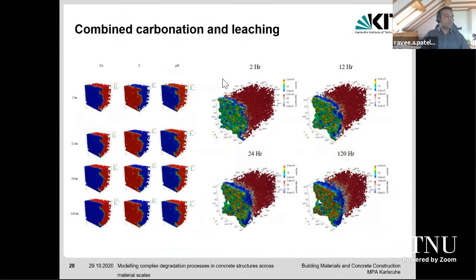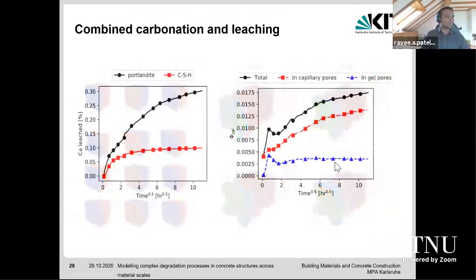So here is an example output from our simulation. This was the simulation where we did full geochemical coupling with the transport model. So you can get information on different ions. You can get information on pH, and you can also get the evolution of microstructure, like the precipitation zone which is developing, and the dissolution zone which is developing.